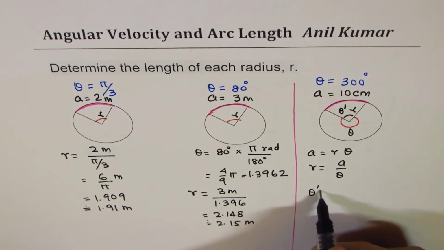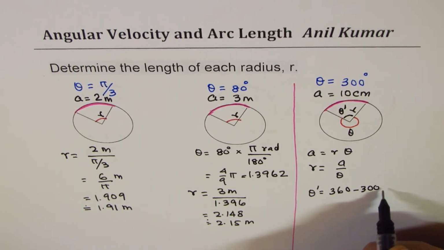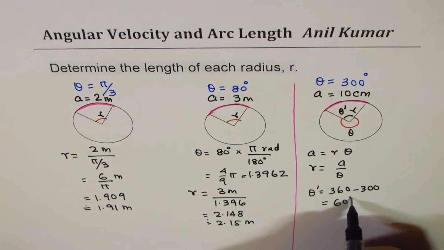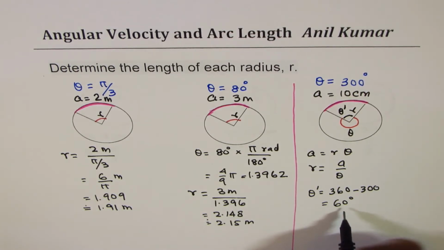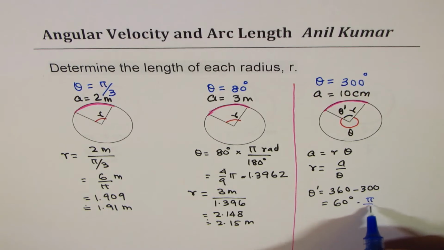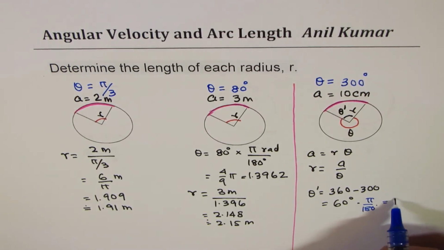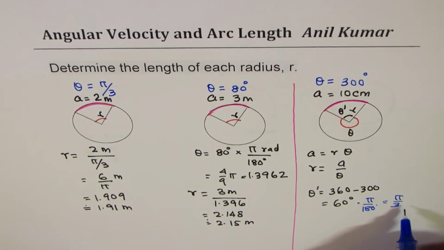So for us, theta dash is 360 degrees minus 300, which gives you 60 degrees. You have to convert that to radians, right? So to convert to radians, you will multiply by pi and divide by 180 degrees, correct? So you get pi by 3 radians.